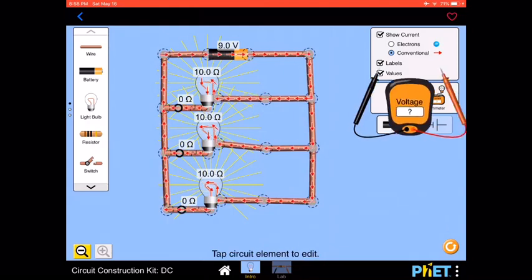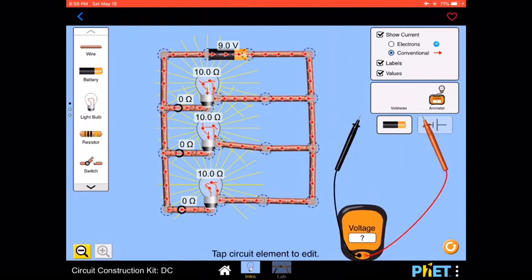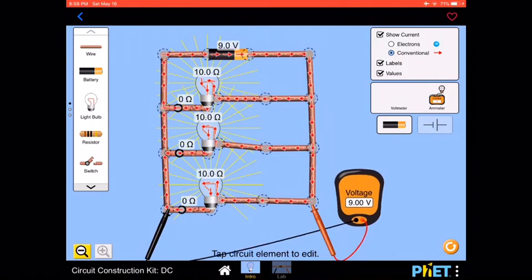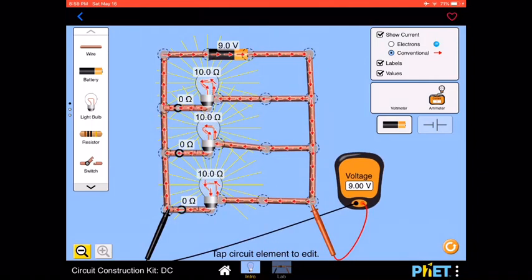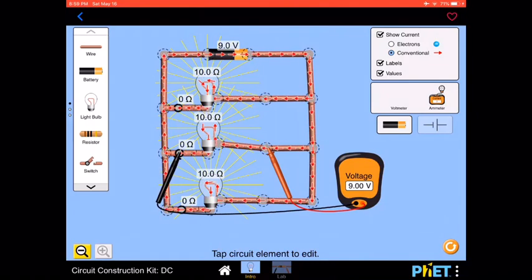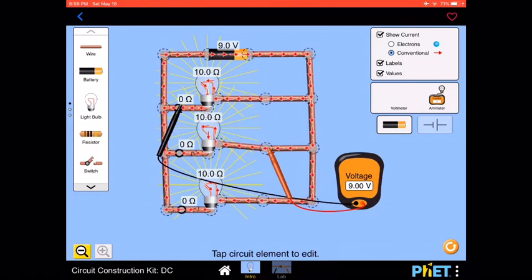What do I want to do again? I want to measure the voltage. If I measure the voltage across all these resistors, what does it show? It still shows 9 volts. If I measure it across there, it's 9 volts. If I measure it across here, it's 9 volts. So the resistors in a parallel branch all have the same voltage.